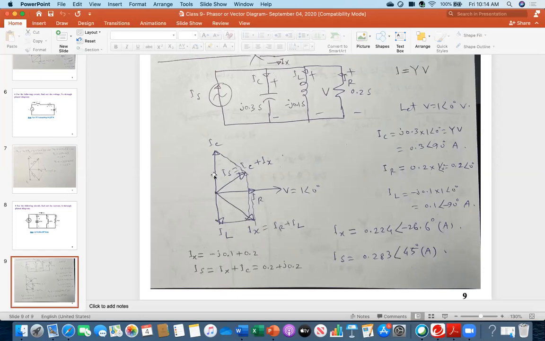Therefore, my phasor diagram makes sense. This is valid. I have drawn the phasor diagram correctly because of the angle, and whatever the magnitude is, this angle is important. It is plus. I did not get it minus. If it were minus here, then I would have drawn it incorrectly. So my phasor diagram is correct.